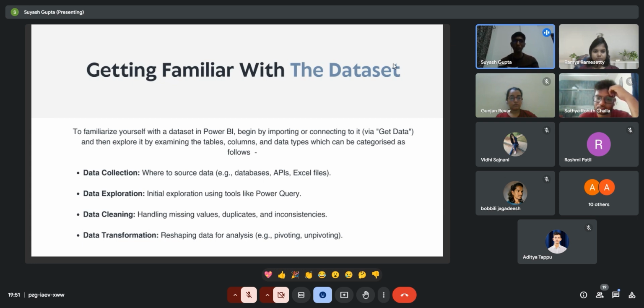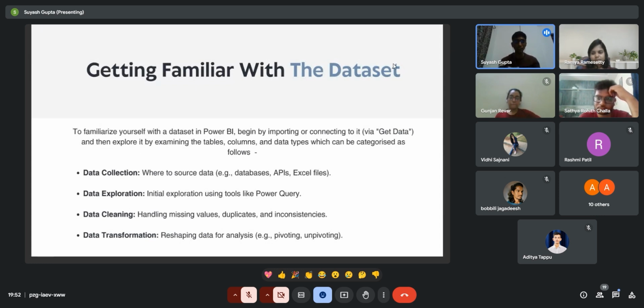Then we will move ahead to data cleaning, as was already added: handling missing values like null values, then duplicates and inconsistencies. Then we will move ahead to data transformation, like transposing the columns, pivoting, unpivoting, merging, or appending.